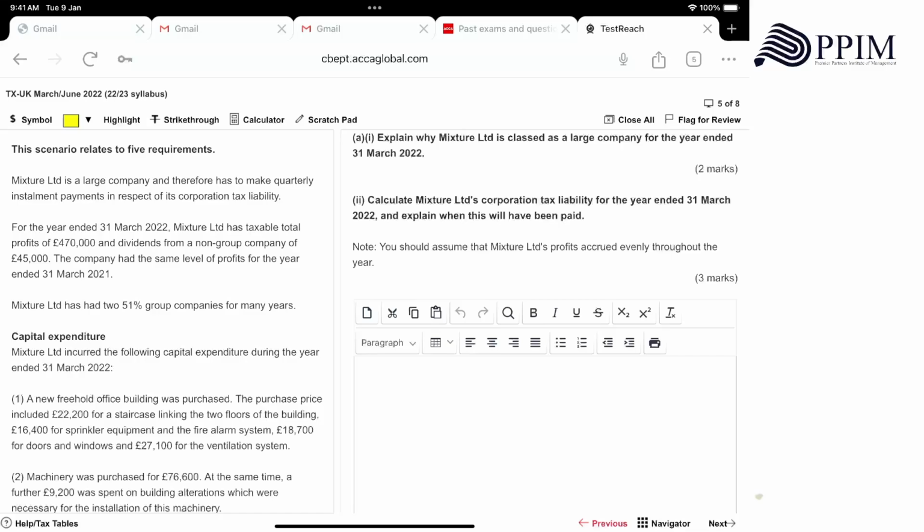In the exam portal, there is a tax rate table.